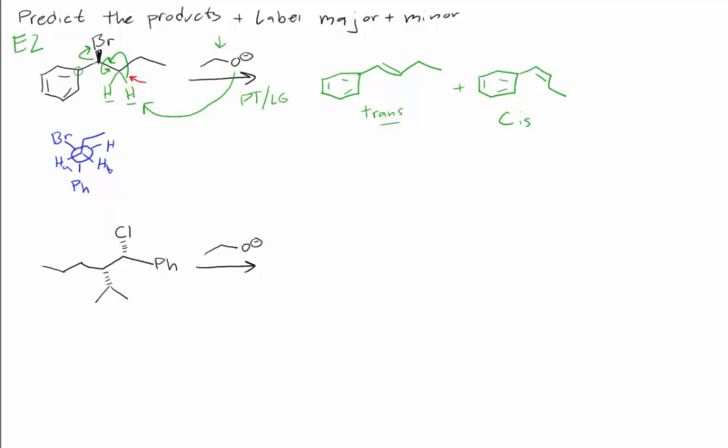And you can see here that HB is lined up anti-periplanar to the bromine. And so we can use this arrow push, and it's hard to draw the alkene forming, but you can envision it. It's the same arrows that I drew in green above. And this gets us to an alkene where HA is on the same side of the alkene as the phenyl, and this H, let's call that HC.